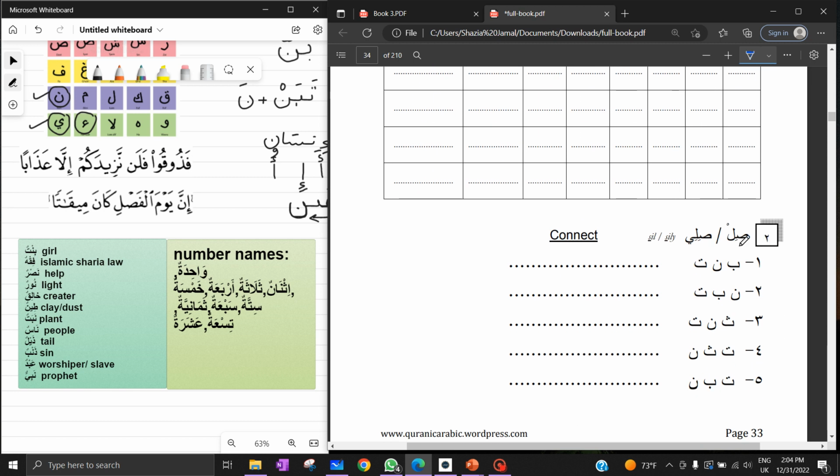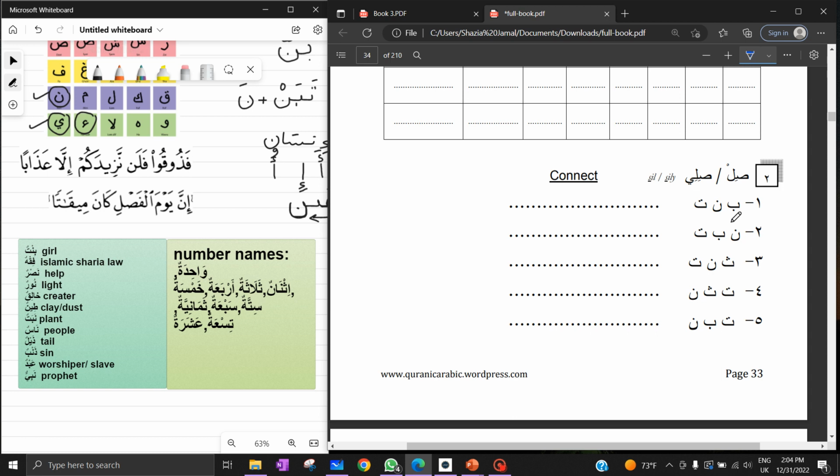Sil means to connect. There are separate letters you need to recognize and remember how these letters are written in joining handwriting, and then you connect. For example, number 1: ba, noon, ta. Remember how they are written initially, in the middle, and when they are the last letter? So, ba, and it will be joined without lifting the pen.